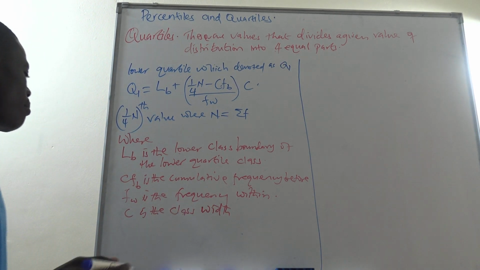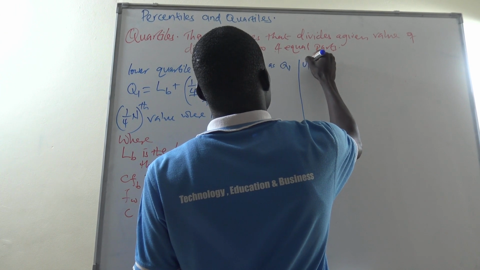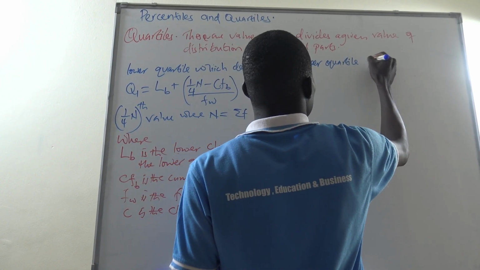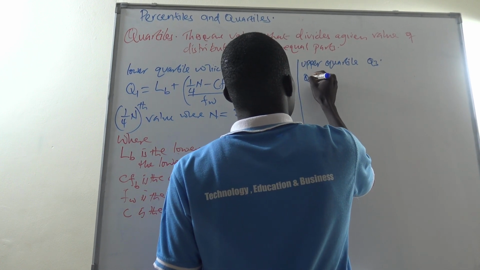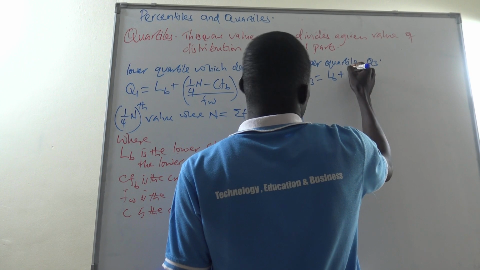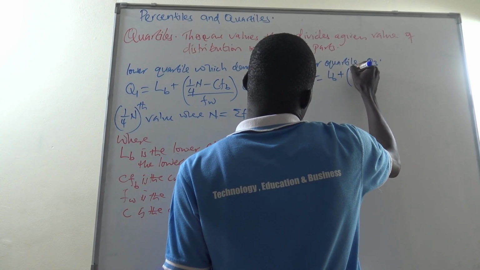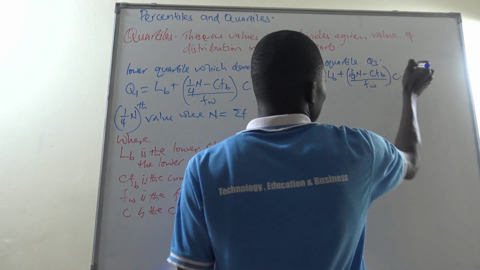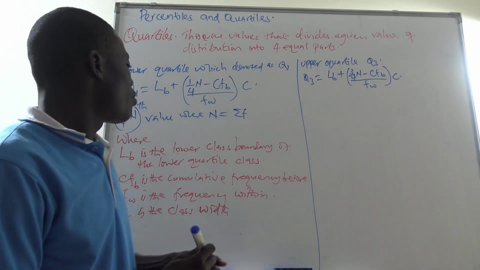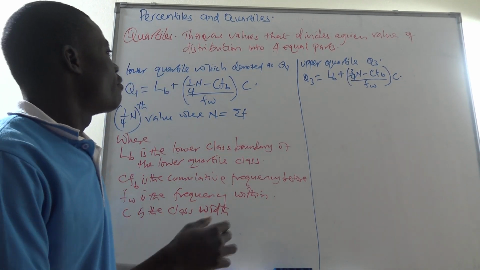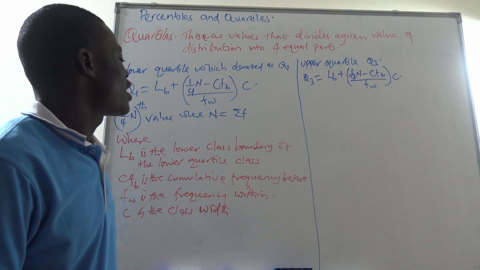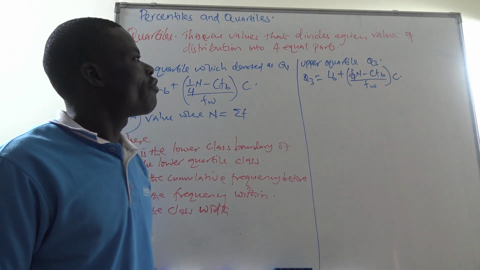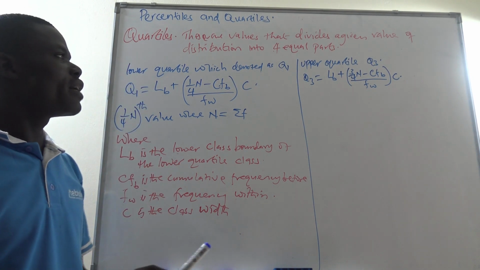We also have the upper quartile, which is denoted as Q3, and we define it as Q3 equals LB plus 3 out of 4 of N minus CFB, over frequency within, times C. Similarly, to get these unknowns, you must first get 3/4 of N. After identifying that value, you go to the cumulative frequency column and identify that class.